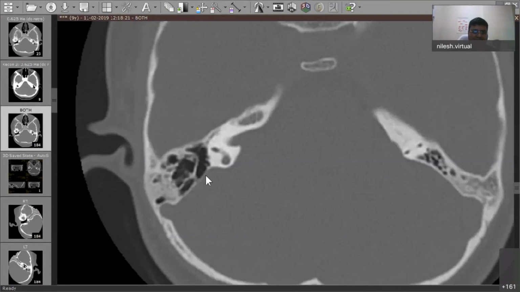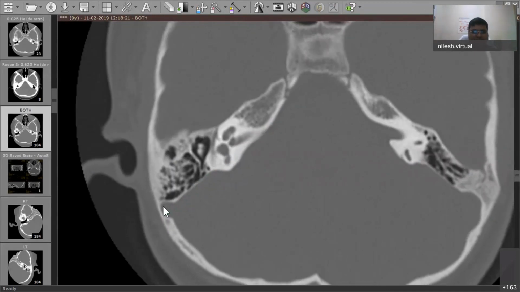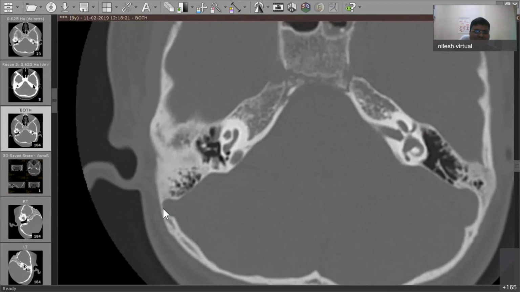See here, sigmoid sinus is little coming out. Draw a line all along the posterior fossa dura from the petrous apex. This much part is projecting out. Then I'm going down. You can see it is laterally also.